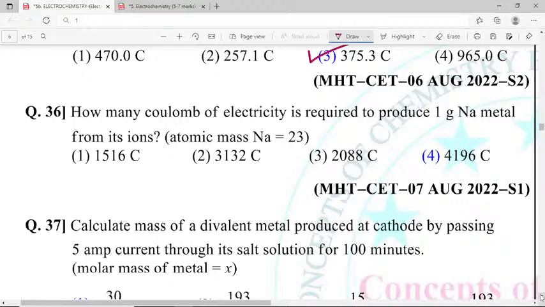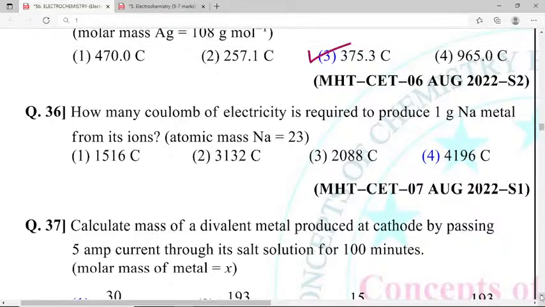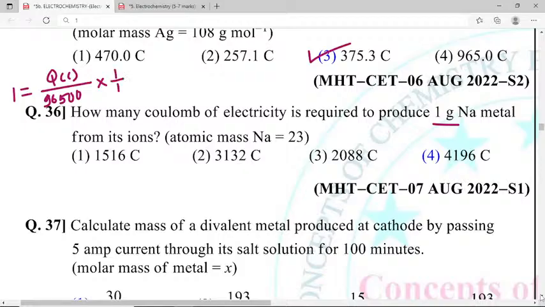How many coulombs of electricity are required to produce 1 gram of sodium? Same formula we have to use. So this is 1 gram is equal to coulombs divided by 96500, multiplied by sodium mole ratio 1 by 1, multiplied by 23. If you solve this, we'll get the answer 4196.